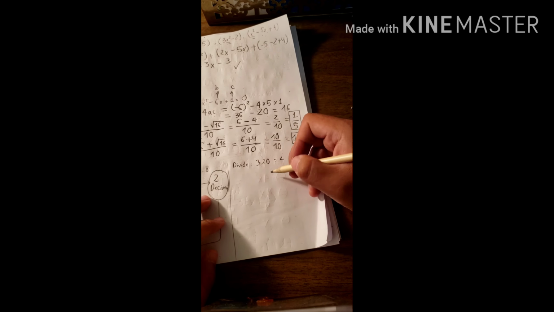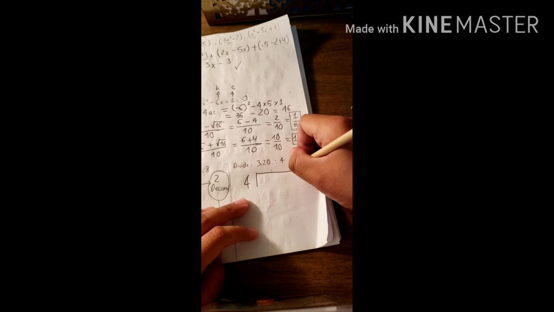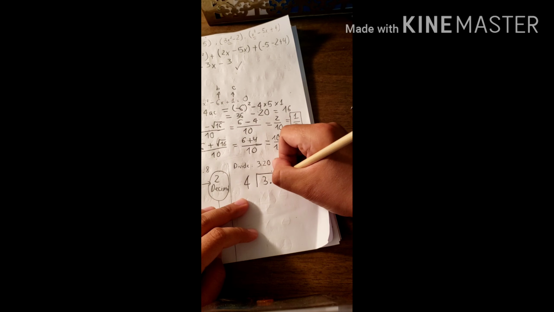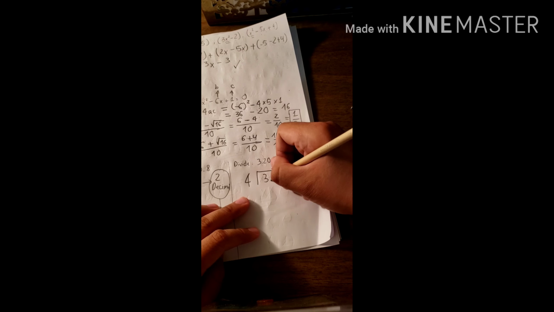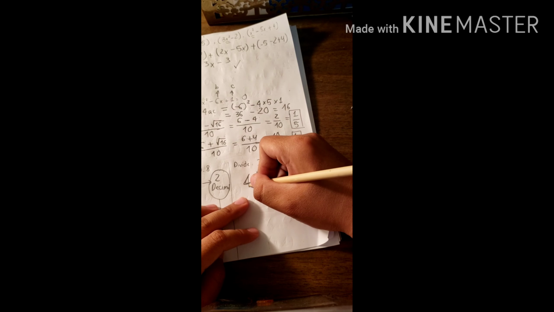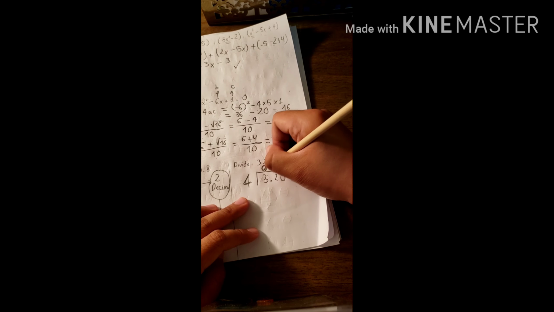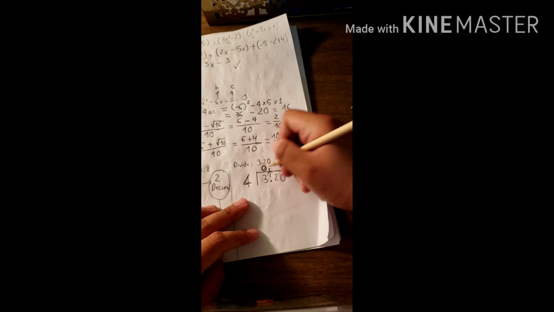The next one, we need to know how to divide. We have 4, 3 over 2. We know that number 3 is smaller than 4. We can put the 0 in here. And we put the dot in here because when we divide, the dot is similar on the top, 1, 2.